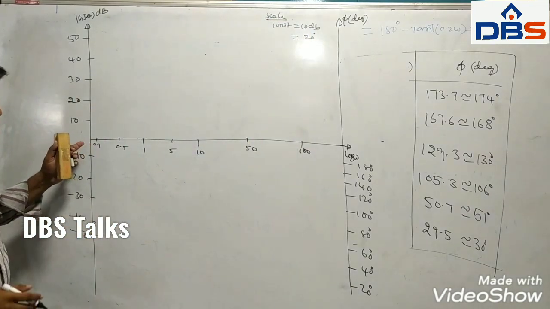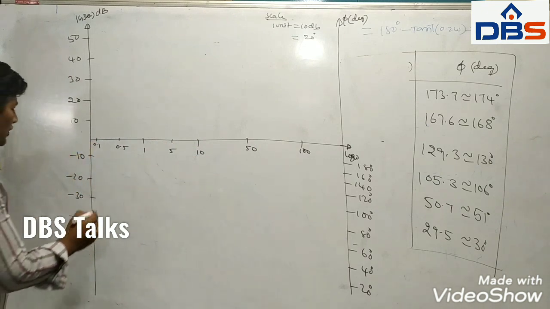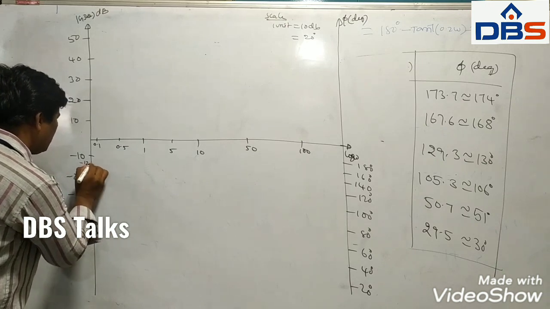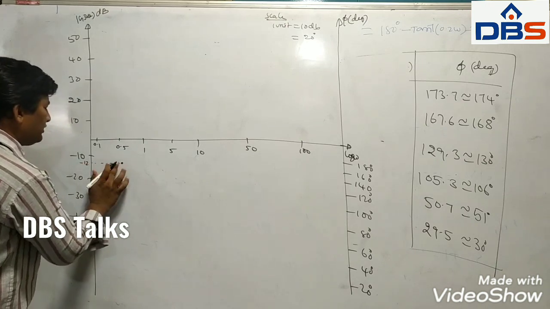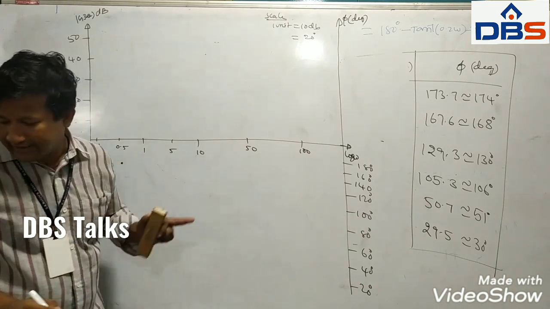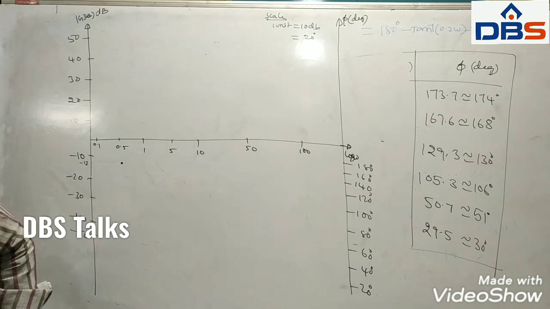To draw the magnitude plot, for 0.5 the value is minus 12 dB. Suppose for 5 radians per second, the value is 28 dB.